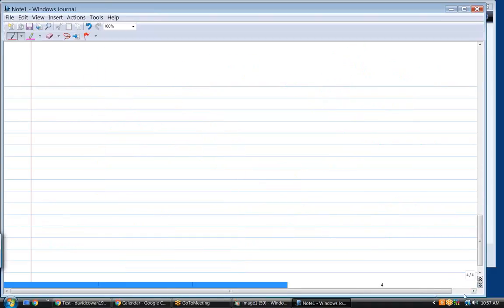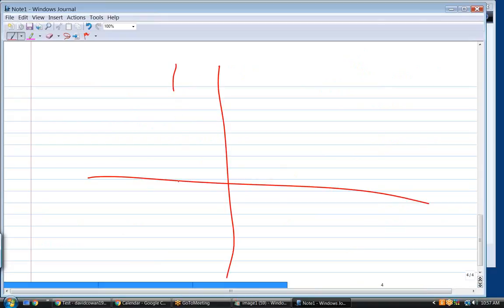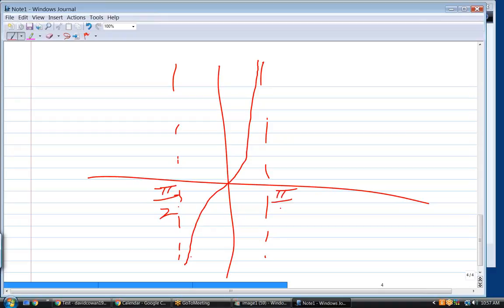And that's why your tangent curve looks like this. It has two asymptotes. It starts from the bottom, always increasing, goes through 0 at 0, and these points are minus 90 degrees and plus 90 degrees. So tangent goes from negative infinity to infinity, with an asymptote every pi.